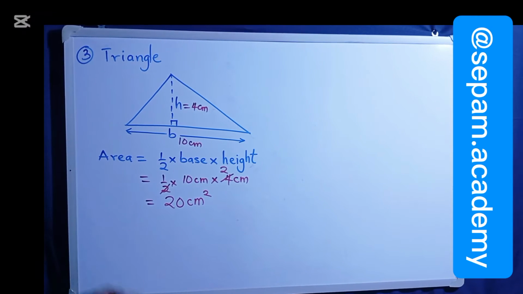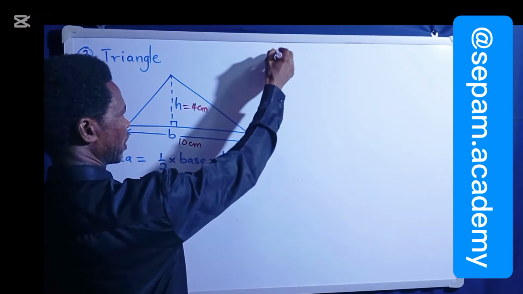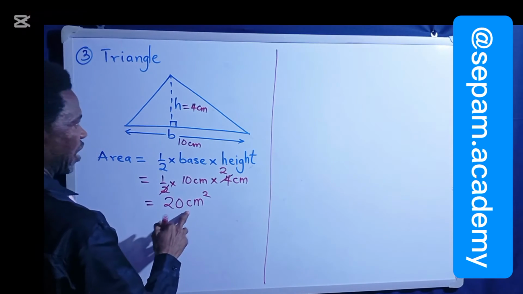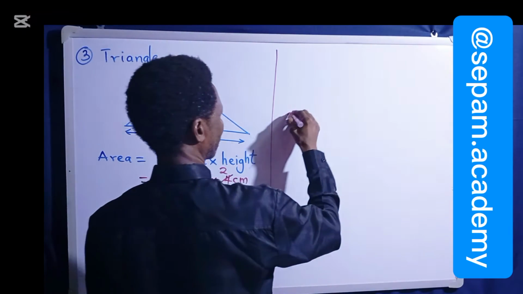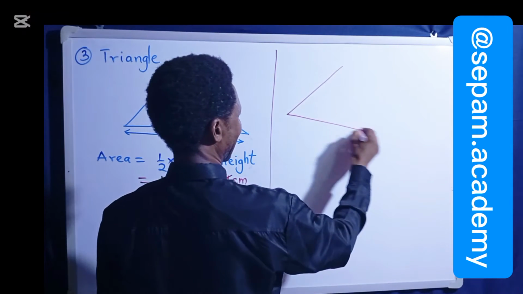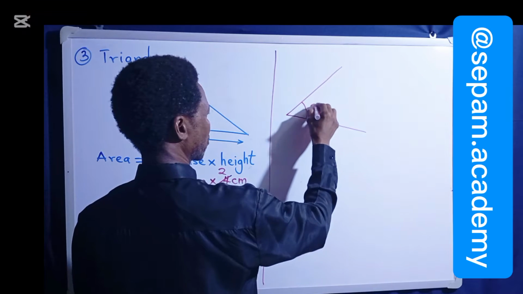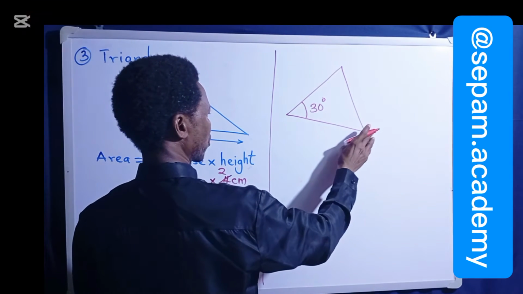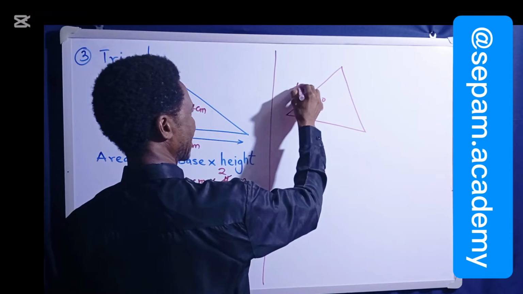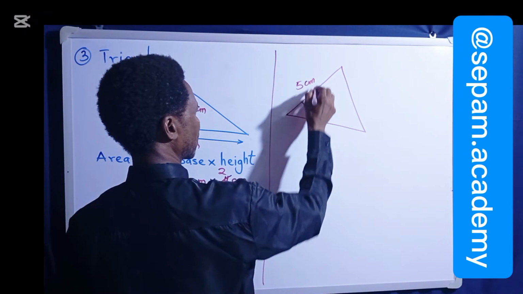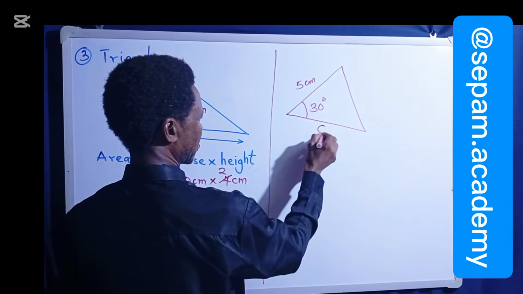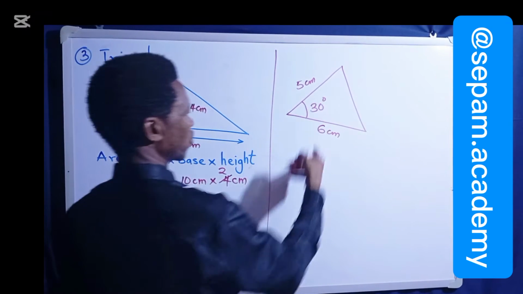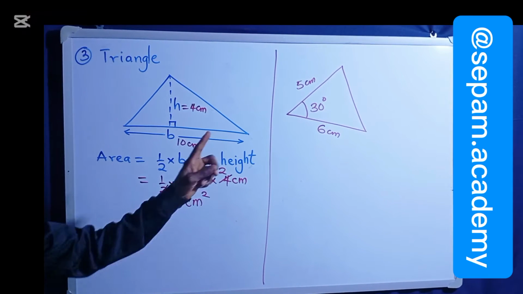There's another way we can calculate the area of a triangle. So when you have an angle between them, let's put this one angle 30, and then we can close this point here. And then here is 5 cm, and then here is 6 cm. So we want to find the area of this triangle.